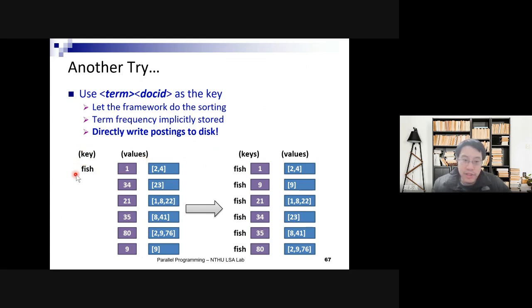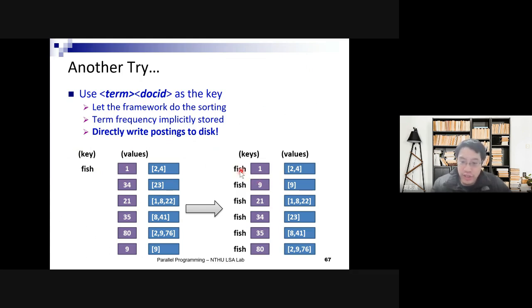Remember, the key is just the term, fish, and the rest of the content is stored as a value. But in order to sort our records by the value, we will actually move or duplicate the value to the key. So you have a composite key in this case.